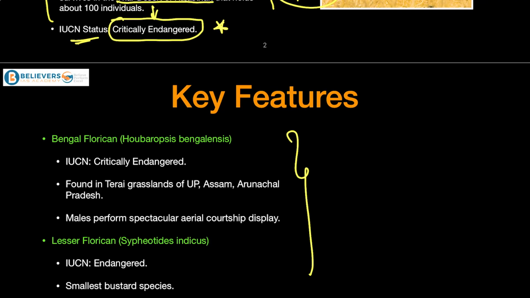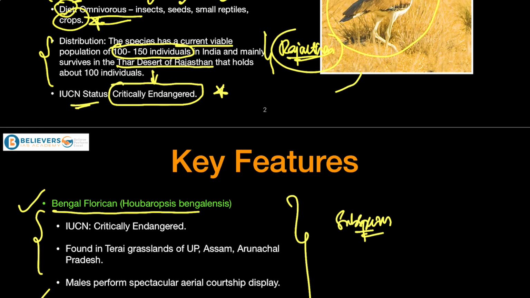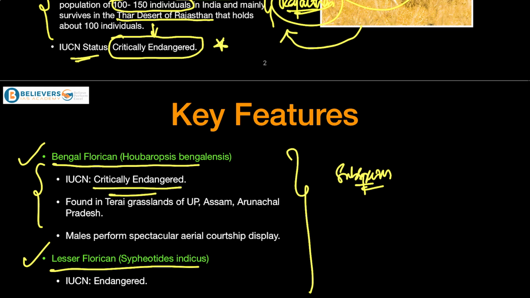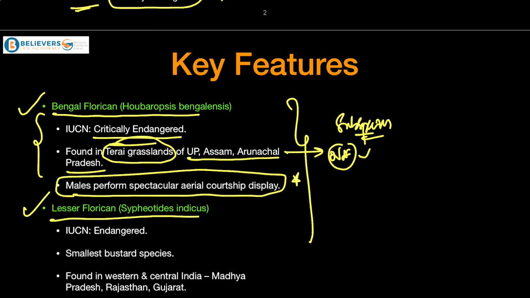Moving forward, the other two related species of the Great Indian Bustard are the Bengal florican and the lesser florican. Even they are spatially divided across the country. As we discussed, the Great Indian Bustard is mostly found in Rajasthan, but the Bengal florican, although categorized under the same critically endangered category, is found in the terai grasslands of UP, Assam, Arunachal Pradesh, mostly the northeastern part of the country. Another distinctive feature is that the males perform a spectacular aerial courtship display.